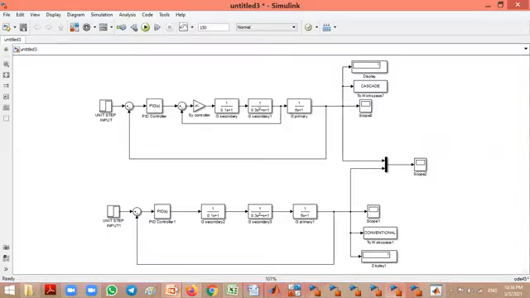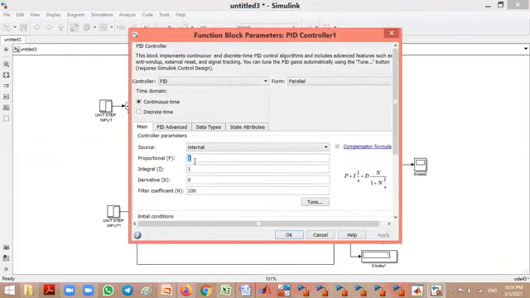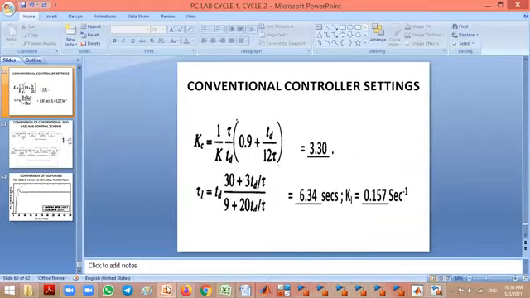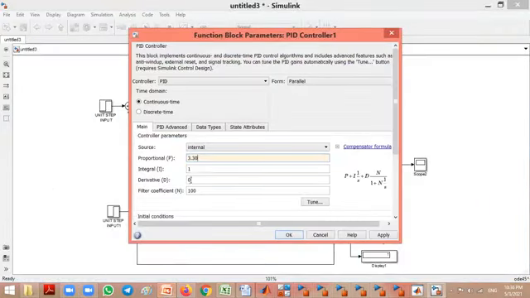What are the values you have got? 3.30 and 0.157. So in this PID you give 3.30, and the integral value is 0.157.